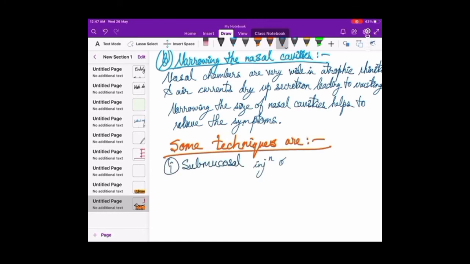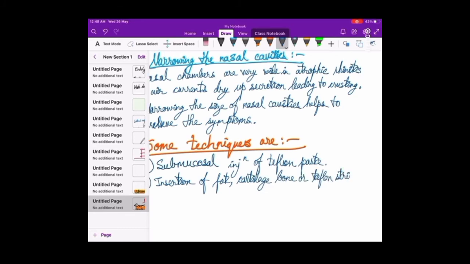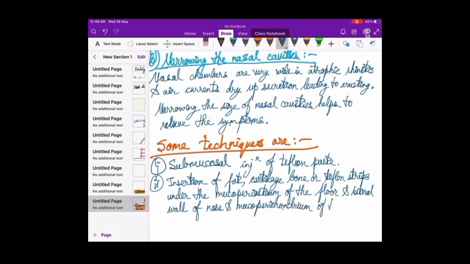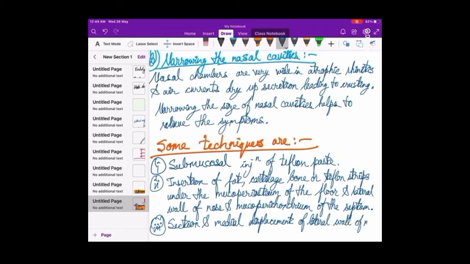Some techniques are submucosal injection of Teflon paste, and insertion of fat, cartilage, bone or Teflon strips under the mucoperiosteum of the floor and lateral wall of the nose and mucoperichondrium of the septum. Third one is suction and medial displacement of the lateral wall of the nose.